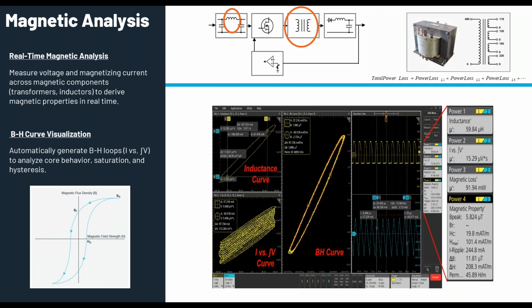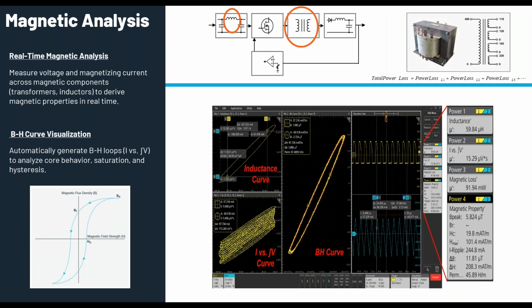There are also many losses which you will find out from this plot. You will find out whether you're hitting saturation during the power conversion stage, and by looking at the BH curve, you will get to know a lot of other characteristics of the device.